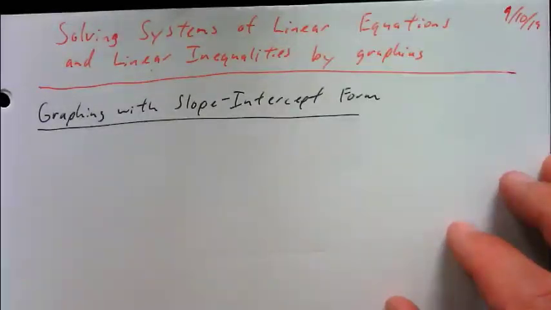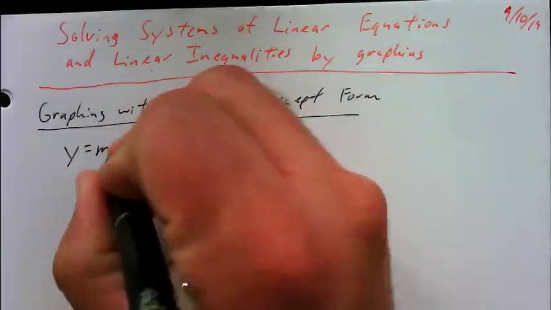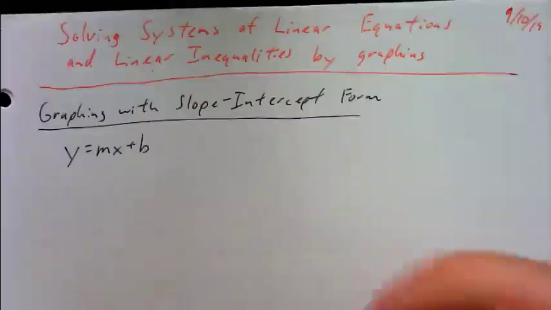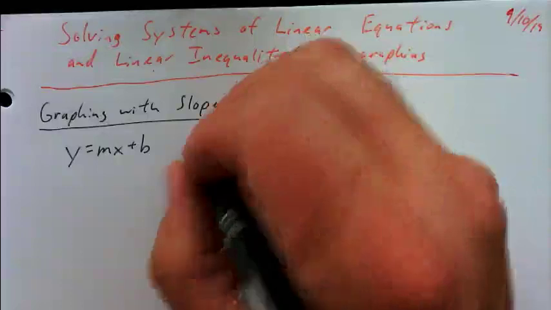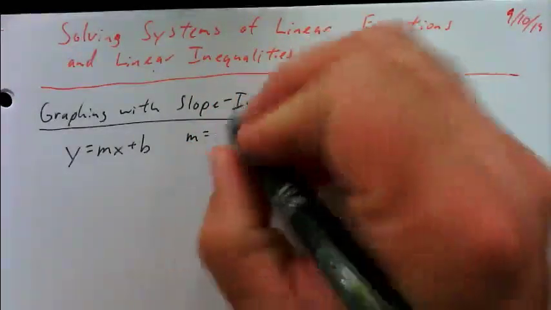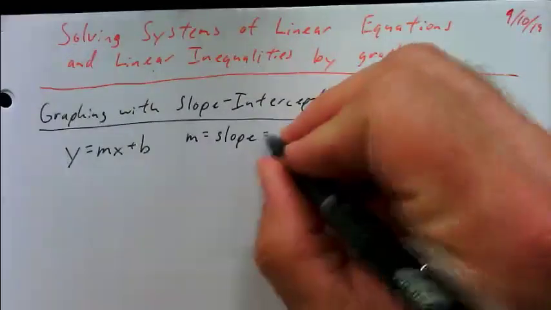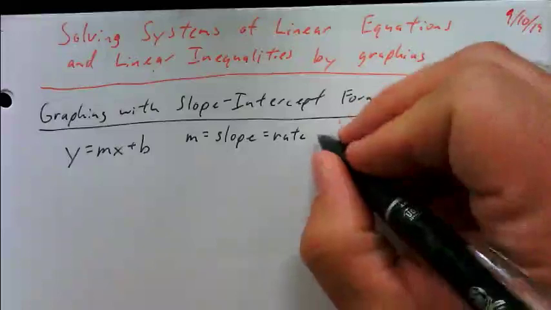Y equals mx plus b. Now, in that format, the two important things are your m and your b. Now, m is again for your slope, which last time we talked about as rate of change.